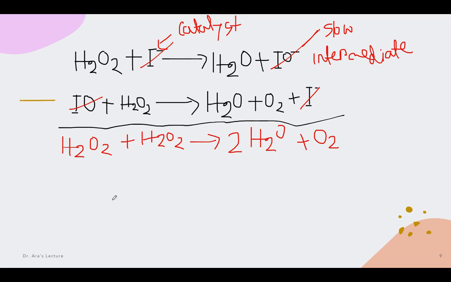Why? Because if we look into the overall reaction, it is bimolecular, and here is also bimolecular, and if we look into here, we find the product. So with respect to here, what is our rate?